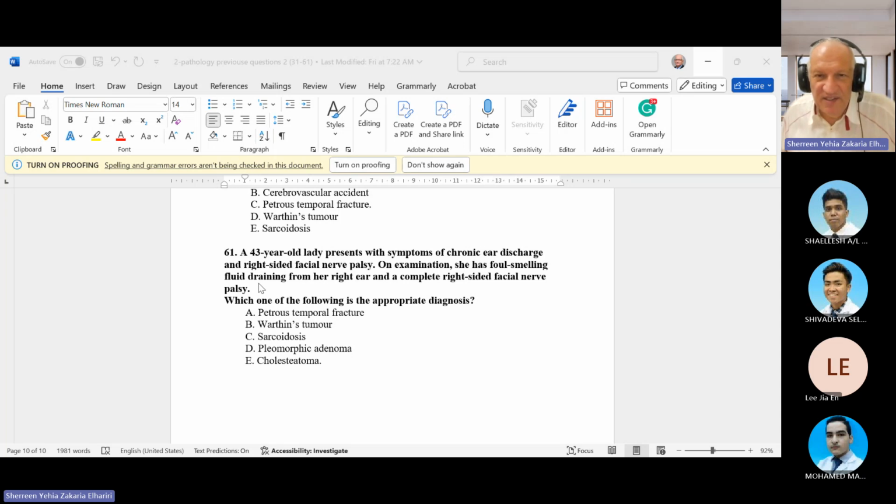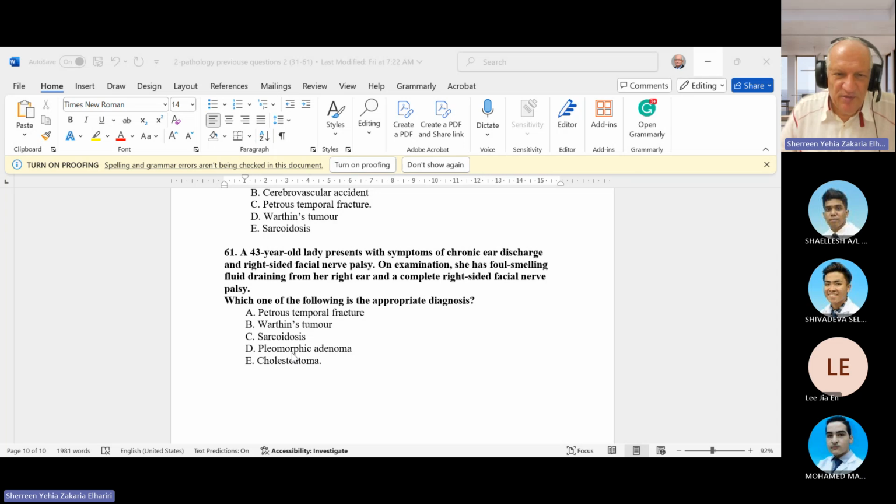You know that the facial nerve is related to the ear at many sites, especially as it comes from the stylomastoid and has a course related to the upper part of the inner ear. So this patient most probably has a severe infection in the middle ear, which we call cholesteatoma. So this is cholesteatoma in the ear and it can affect the facial nerve.